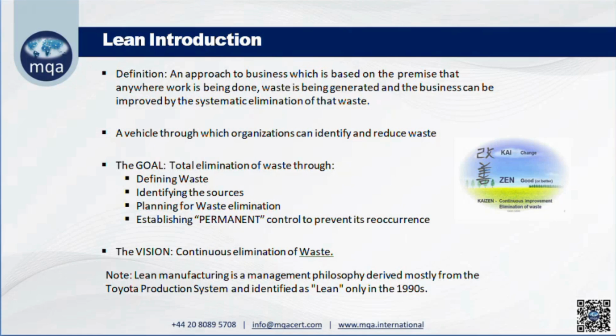But when we say corrective action, we look at the root cause to ensure that this does not happen again. In the same way, we have to remove the waste, but create a system to prevent it from collecting again. So the reduction and elimination of waste is the goal in lean philosophy.